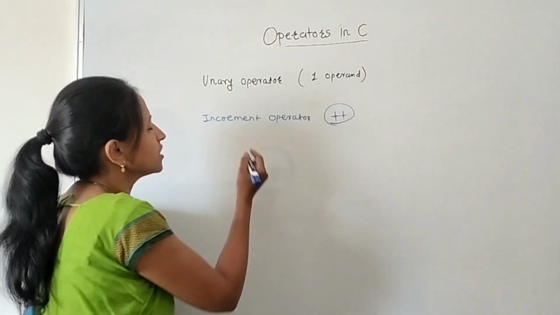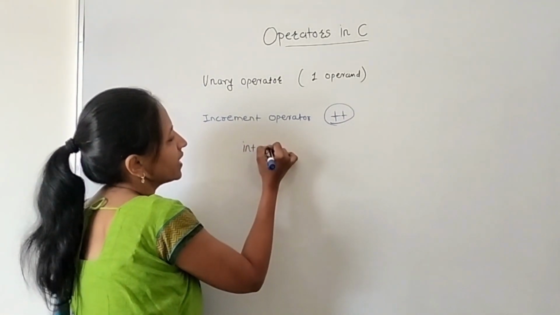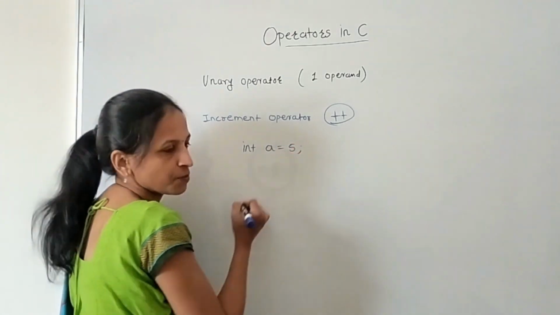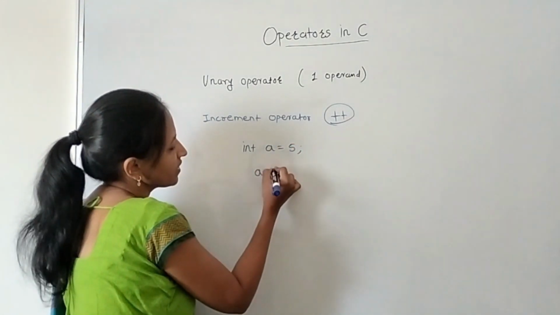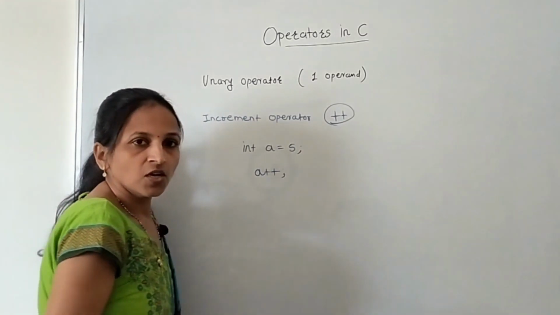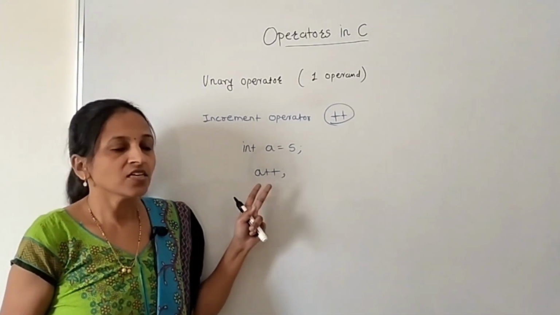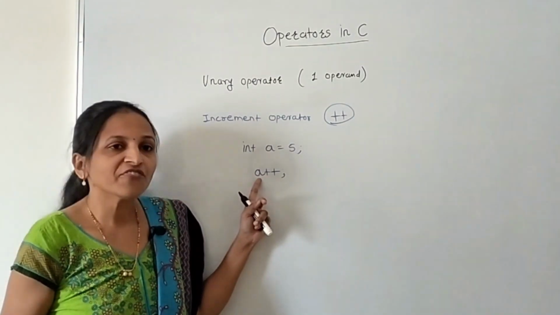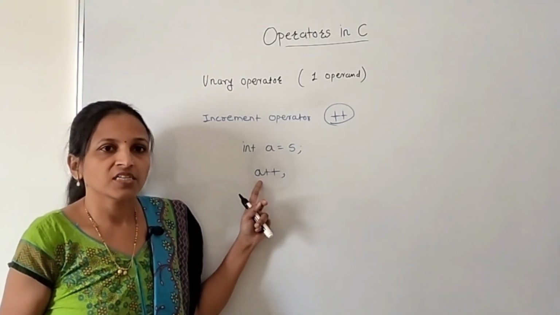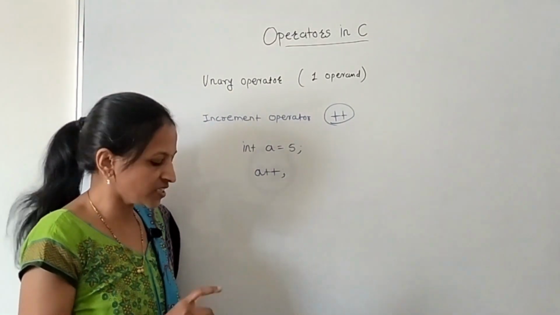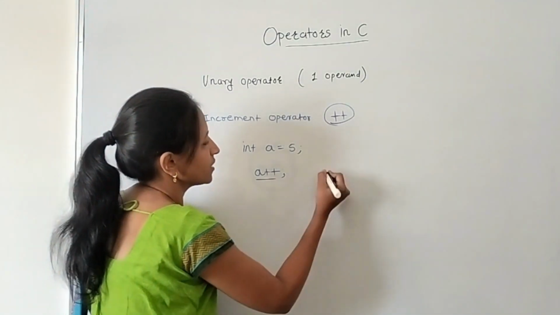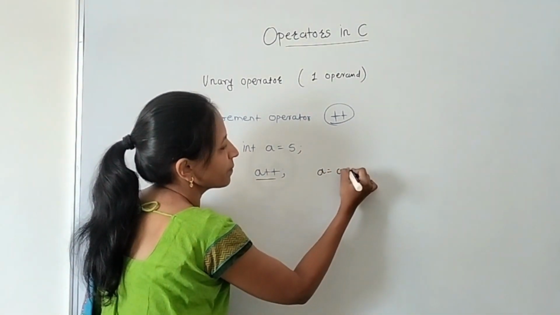How? Suppose we have a variable a having value 5, and I write a plus plus. This tells us to increment the value of a by 1. The exact meaning of this statement is a equals a plus 1.